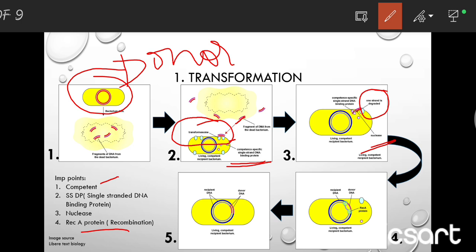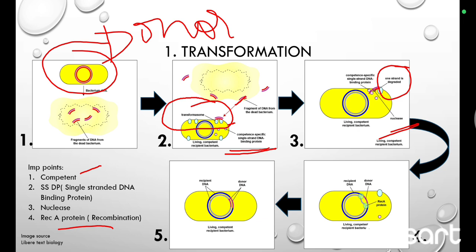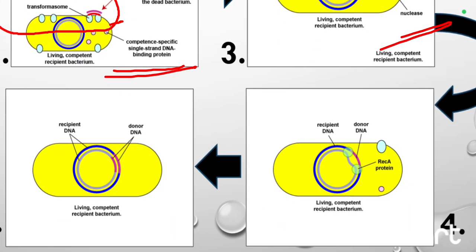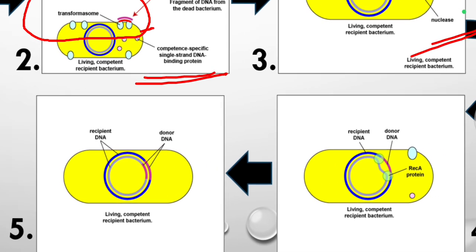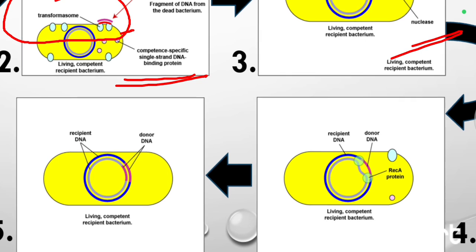Then the RecA recombinant protein will help in joining, attaching and forming new DNA strands in the recipient DNA. You can see in the fourth diagram, the RecA protein helps in the formation of the new recipient DNA strand. Thus a new plasmid will be generated containing recipient DNA as well as donor DNA.